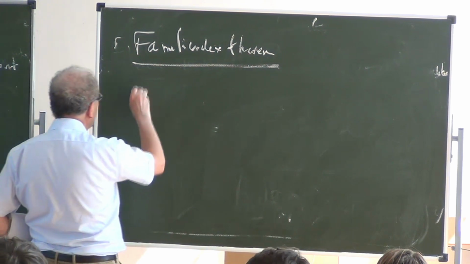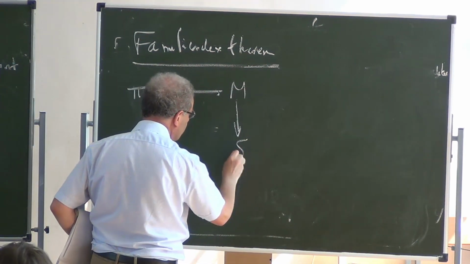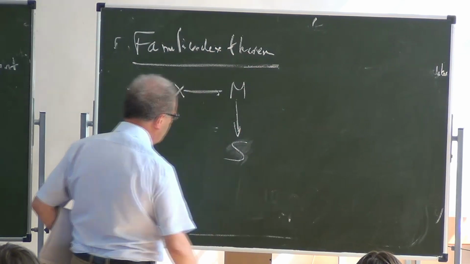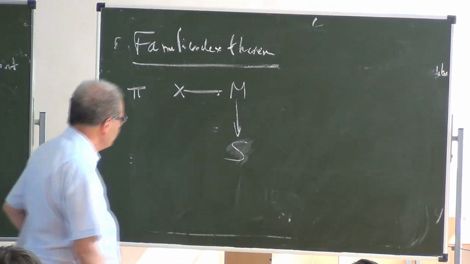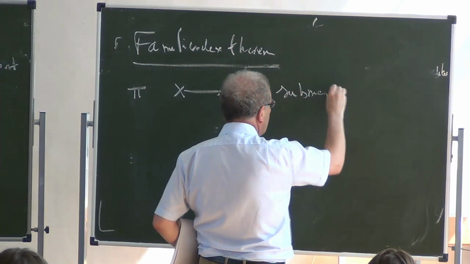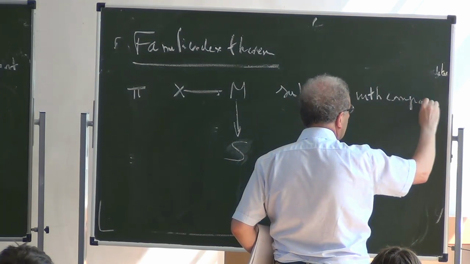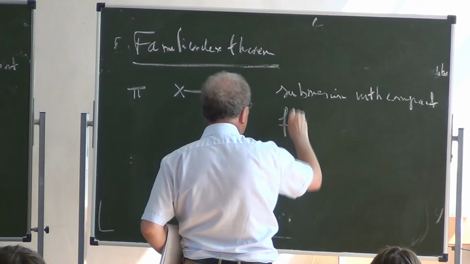It means I give myself π to be a projection, a submersion of manifolds. So π is a submersion with compact fiber. So it's a proper map.